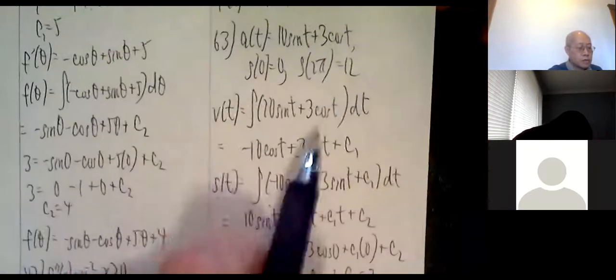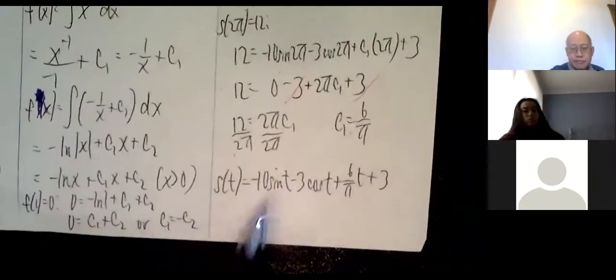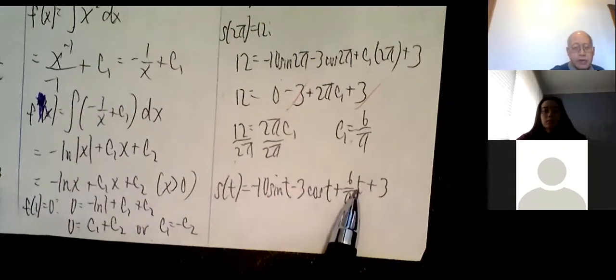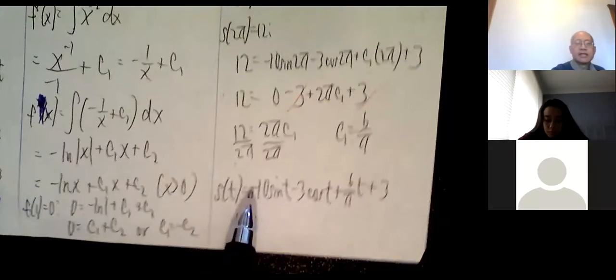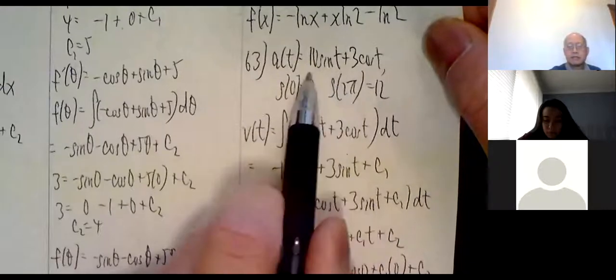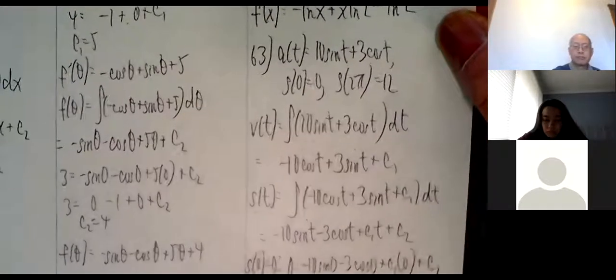Property 2, when you plug in 2 pi, you should get 12. Put 2 pi there, and there, and there, you get 12. Property number 3, the second derivative is this, 10 sine t plus 3 cosine t. All right. So that's the way that one goes.